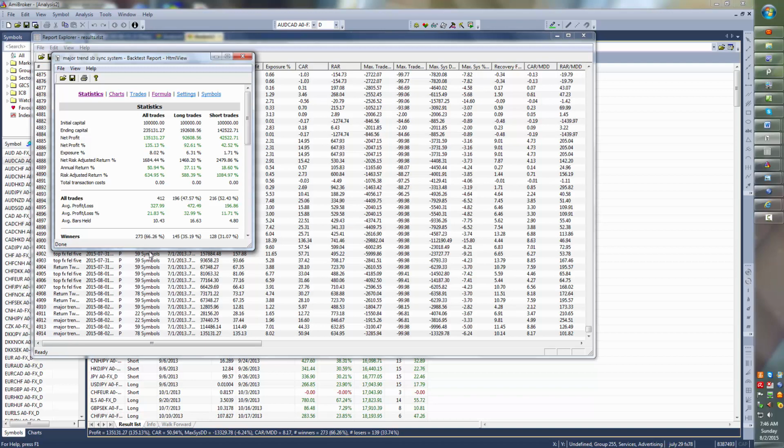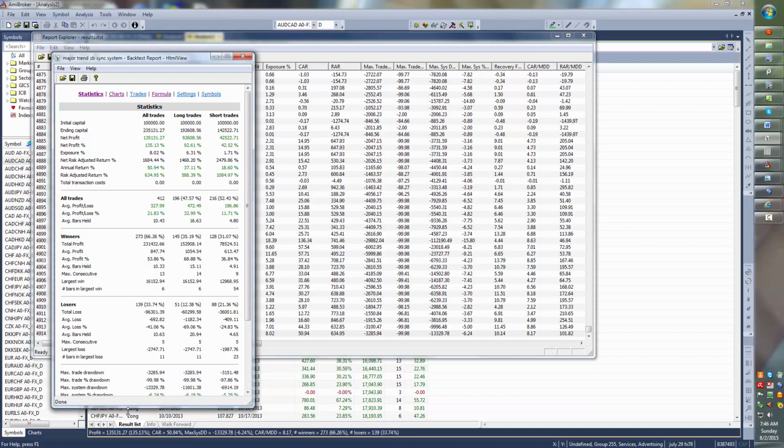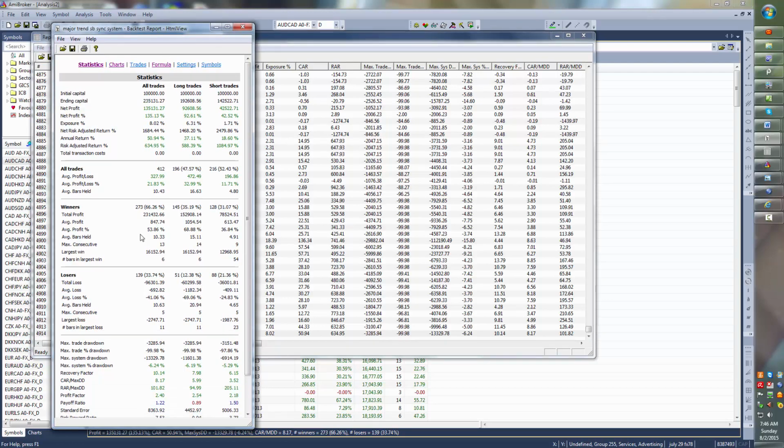Now, when we go to 78, we almost double the number of trades we incur from what we originally started with, and we're now up to nearly 51%. And as we look at that number, we also have to look at maximum system drawdown, which in this case is 6.24, still a reasonable number.